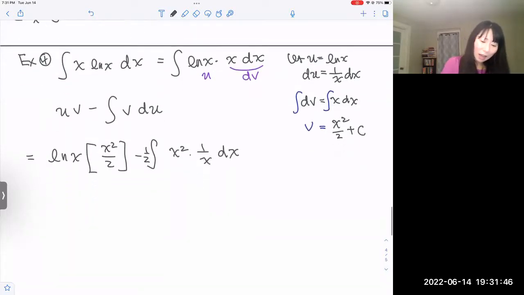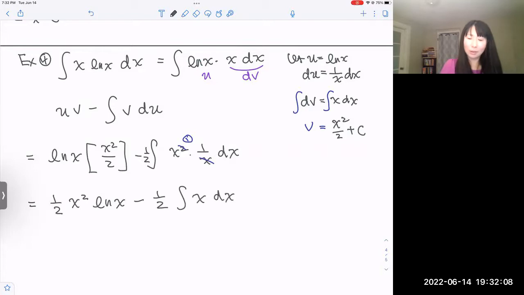Now let me write it this way: 1 over 2 x squared ln x minus 1 over 2. So we simplify, and we have x dx. Now we have experience here.